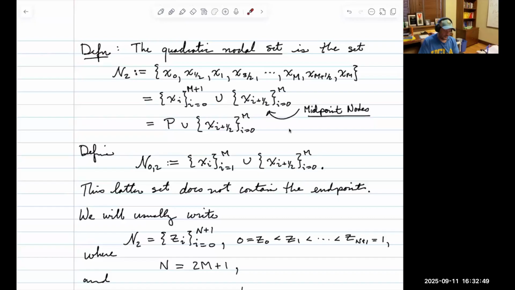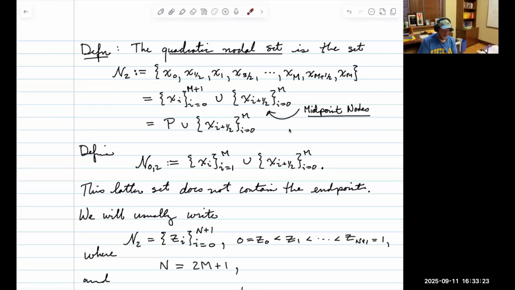Now, we also need a nodal set to cover the case when we have homogeneous Dirichlet boundary conditions. What we do with homogeneous Dirichlet boundary conditions is we remove the degrees of freedom at the two endpoints, because we're going to force the function to be 0 at those endpoints. So to get the homogeneous quadratic nodal set, I'm simply going to take the previous set and drop the two endpoints associated to it.